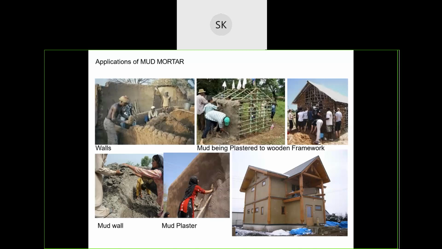So they used to cast this mud wall. This is the mud wall. This is mud plastering. Now they have shown an example of a mud house. Very beautiful, no? It is very resistant. You can compare the resistance of this house with a concrete high-rise building for earthquake purposes.